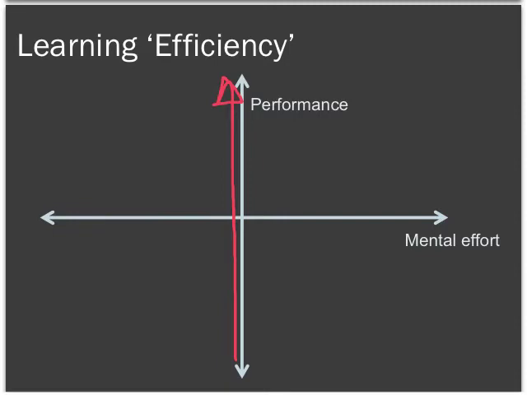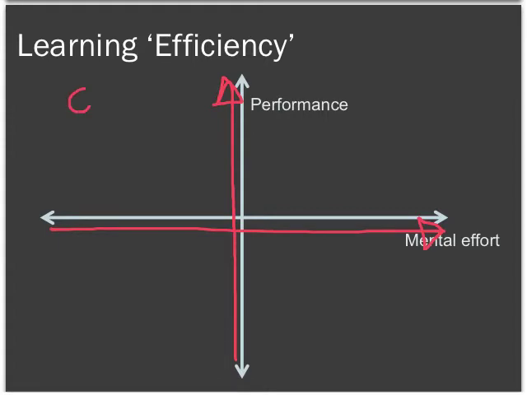Performance might be how well they remembered the material or how they could apply the skills or the material that they've learned. On the x-axis is mapped the mental effort that it takes for the learner to acquire that information or learn that particular skill, and this is usually measured by some form of a standardized subjective scale applied to the learners afterwards.